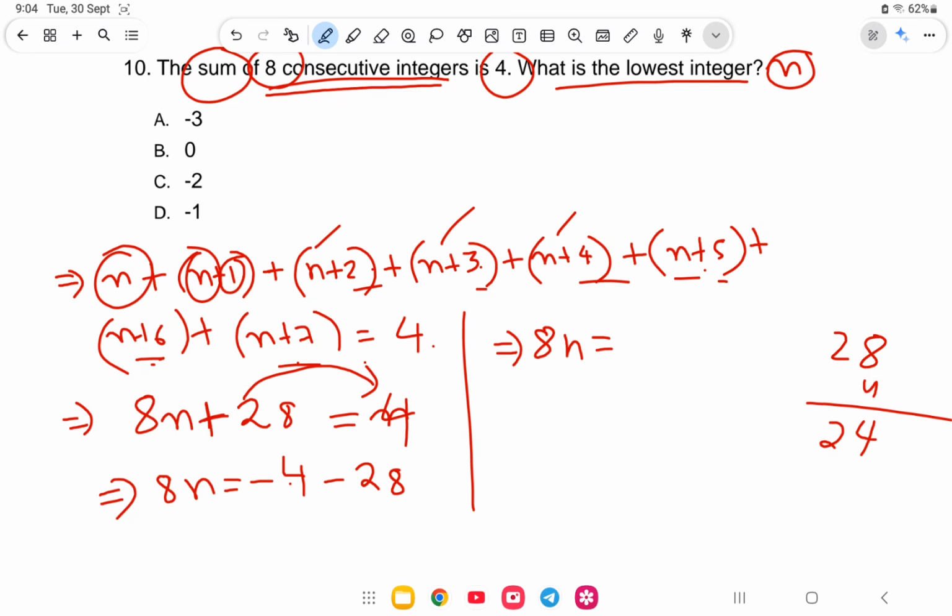However, plus times minus is minus, so the sign is minus. Whichever number is bigger, that sign will be used. For example, 8 minus 9: since 9 is the bigger number, the sign is minus, so minus 1 is the correct answer.